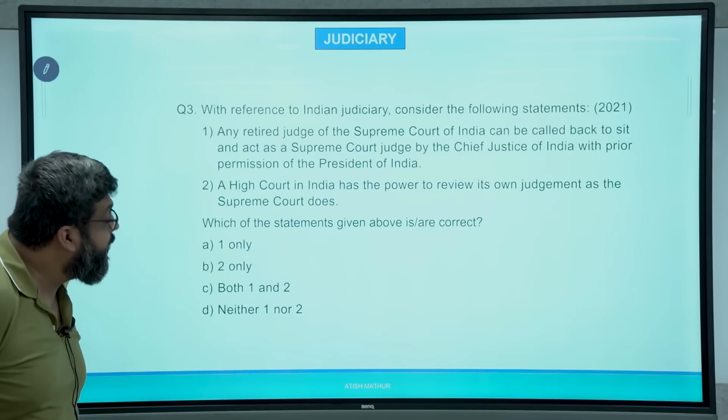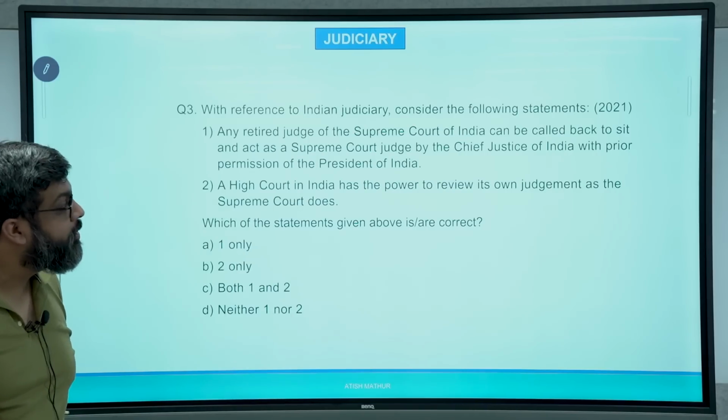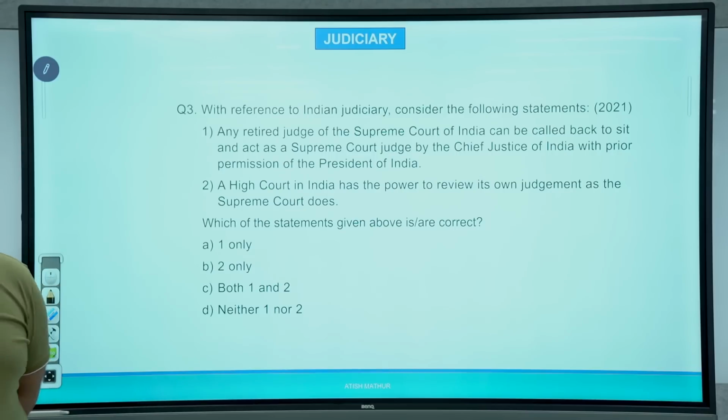The High Court in India has the power to review its own judgment as the Supreme Court does.